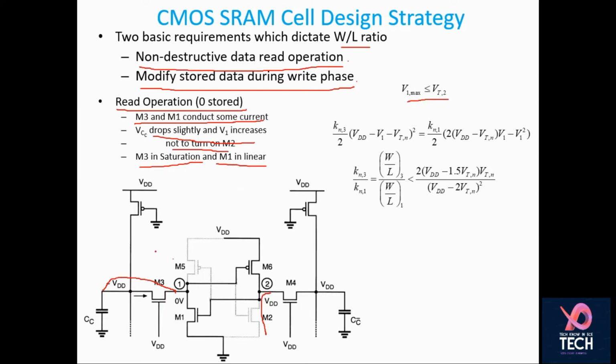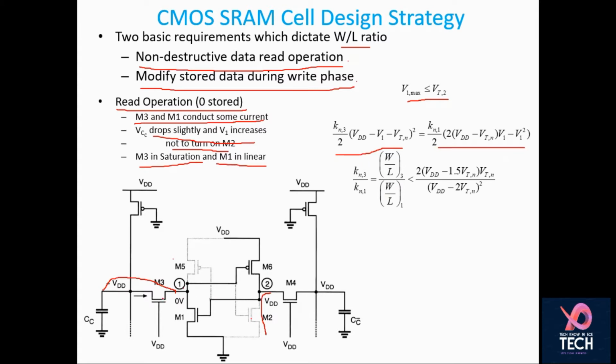That means the maximum voltage at this node should be less than the threshold voltage of this MOS. Also, we know this is in saturation and this is linear, so whatever current comes here will be grounded. That means this current is equal to this current, and this gives you the ratio.